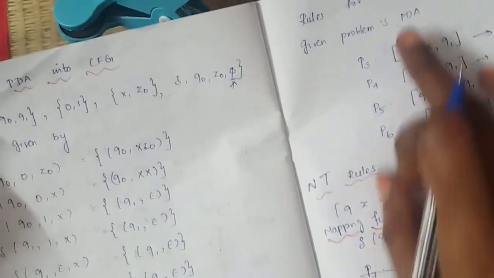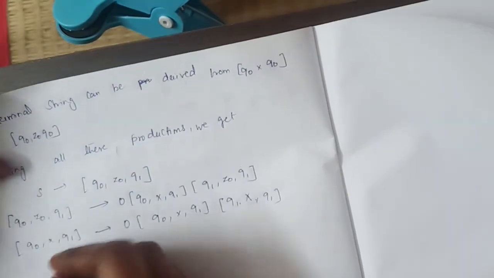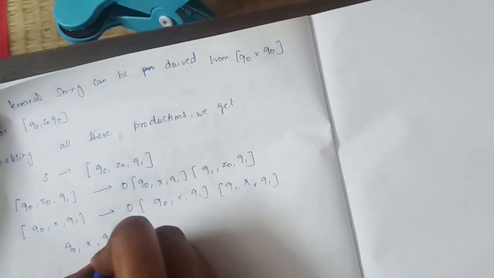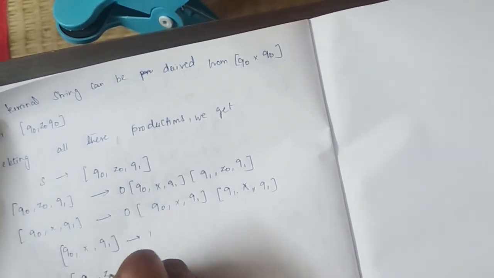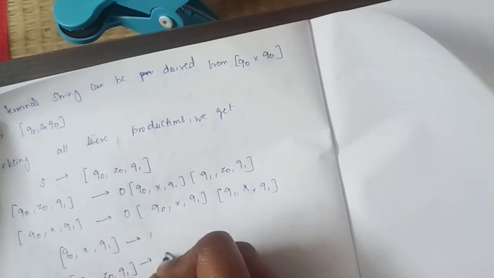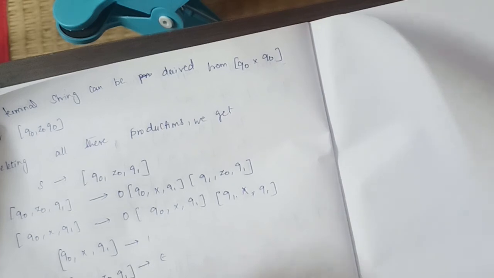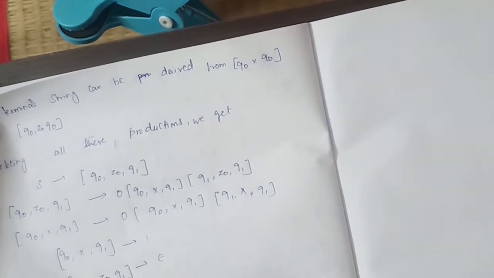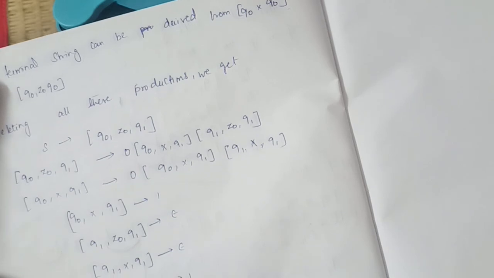After that we'll have all the terminal rules. See here, terminal rules: q naught x q1 tends to 1, q1, is it not q1, tends to epsilon, q1 x1 q1 tends to epsilon, q1 x q1 tends to 1. So these are the CFG.